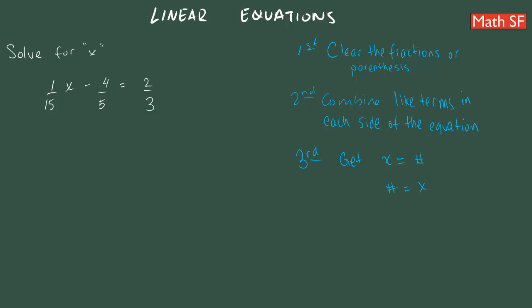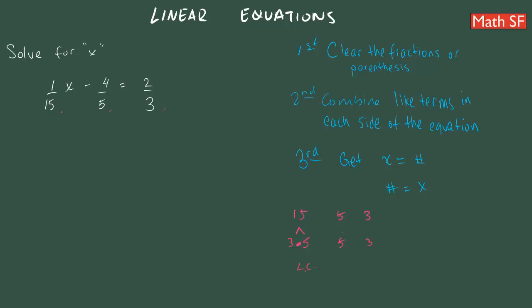By finding the L.C.D., the least common denominator between 15, 5, and 3. So on the side, let's do that. 15, 5, and 3. Use any method of your choice to find the L.C.D. In this case, it will be 3 times 5, and this is a 5, and this is a 3.